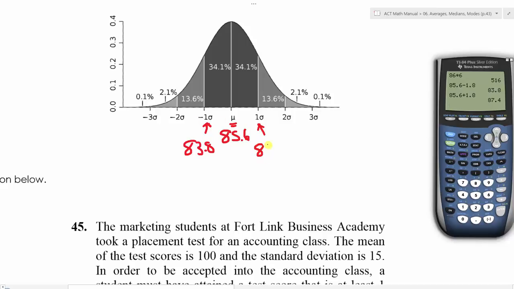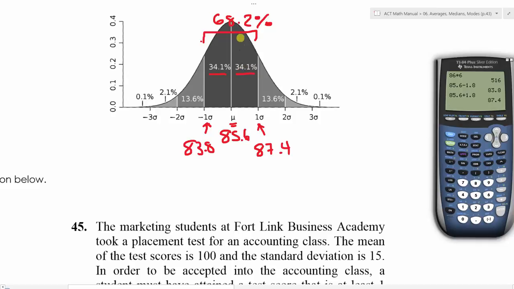So in this distribution curve, what I am being told is that 34.1% of students fell somewhere within one standard deviation below my mean, and another 34.1% fell in one standard deviation above my mean, and altogether in this area 68.2% of students fell within one standard deviation of the mean.